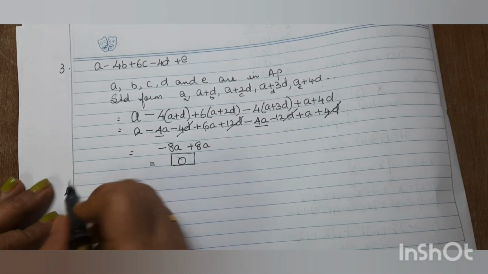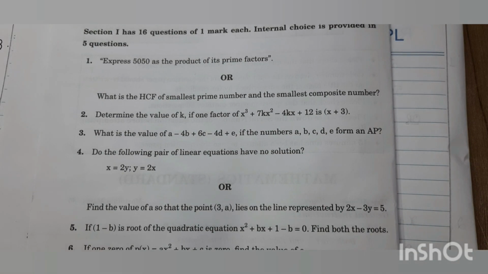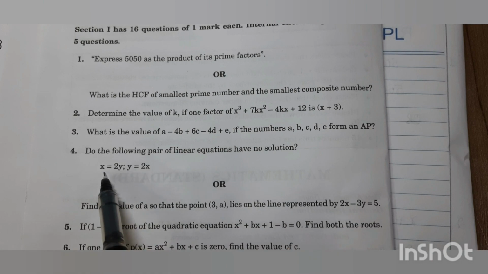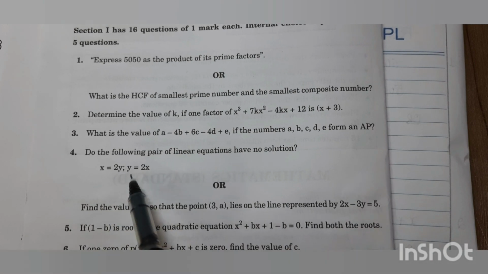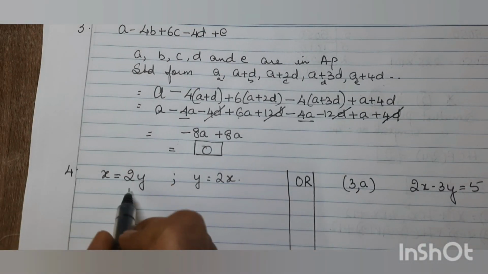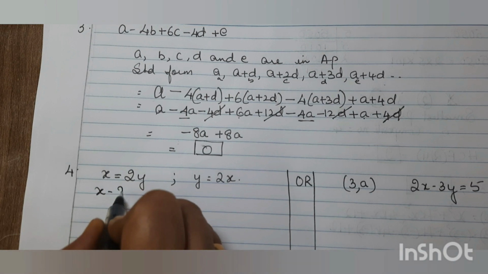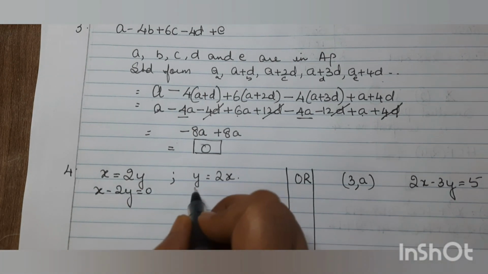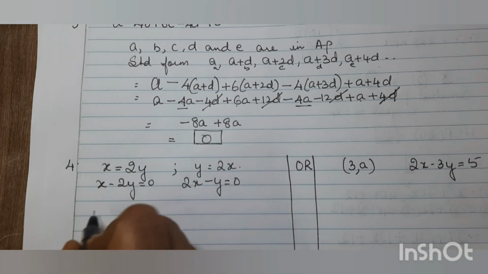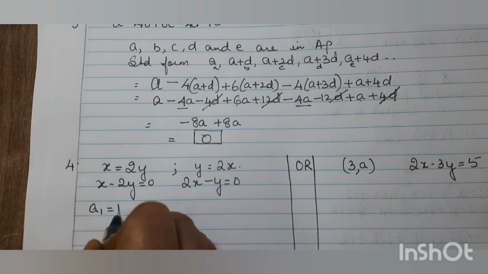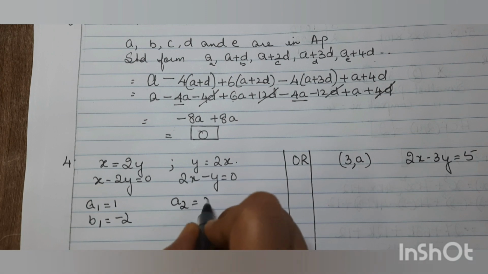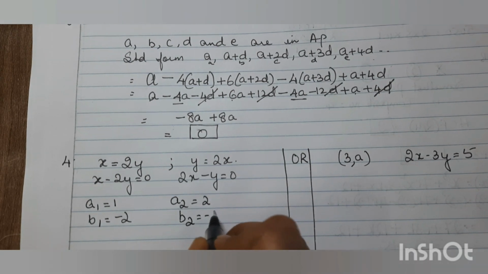Then the fourth question, the next one. Do the following pair of linear equations have no solutions? The linear equations given are x equal to 2y and y equal to 2x. So x equal to 2y, I'll make this x minus 2y equal to 0, and this will be 2x minus y equal to 0. So we get a1 as 1, b1 as minus 2, a2 equal to 2, and b2 we got as minus 1.